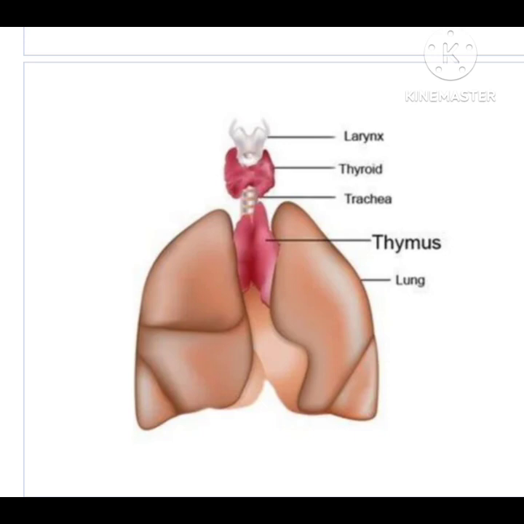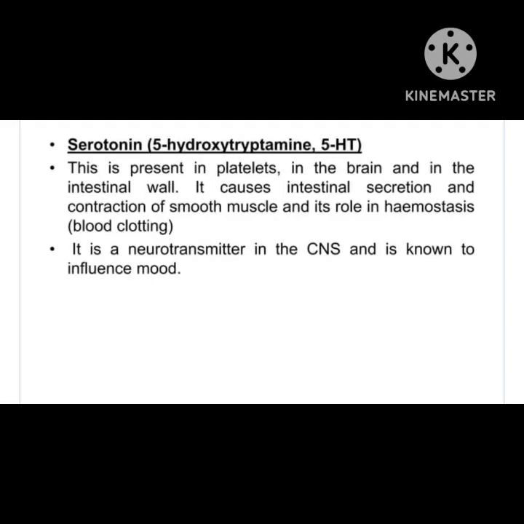So this is the position of the thymus. You can see here the position where the thymus gland is actually located. Serotonin, 5-hydroxytryptamine, is present in platelets, in the brain, and in the intestinal wall.